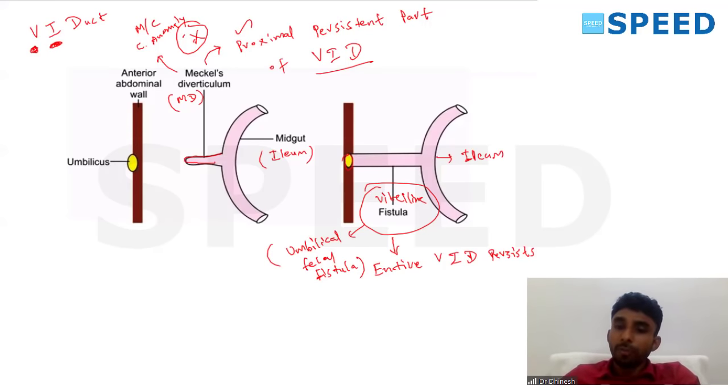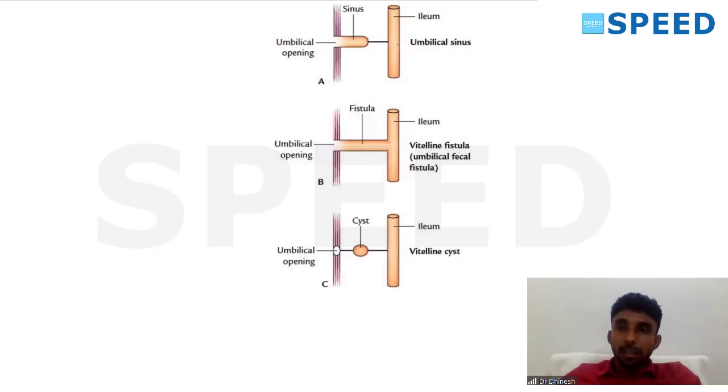So vitelline fistula is due to entire persistence of the vitellointestinal duct. Fine. Now, this is what we have studied.